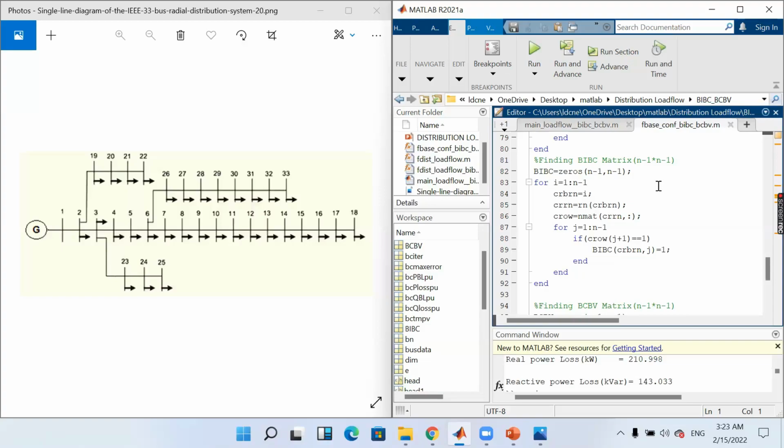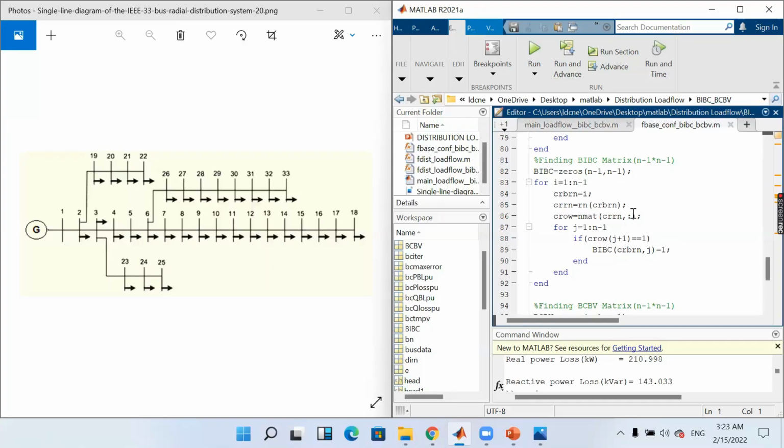Here we have to run the loop from 1 to the total number of branches, and the current branch number is I, and we have to find the current receiving node, that is RN of CRBRN, and here we have copied the total row values.